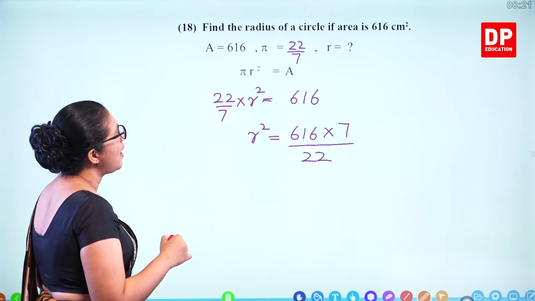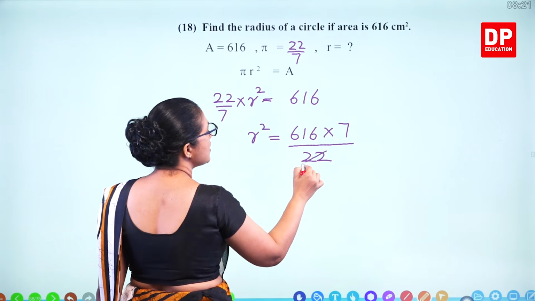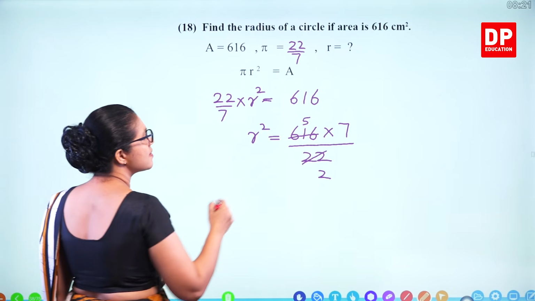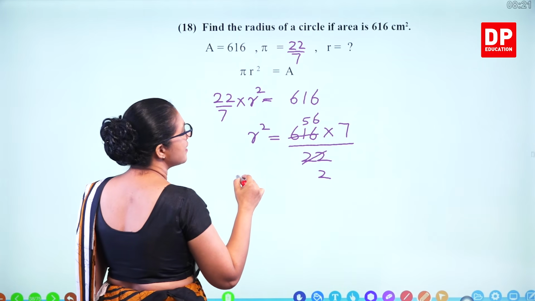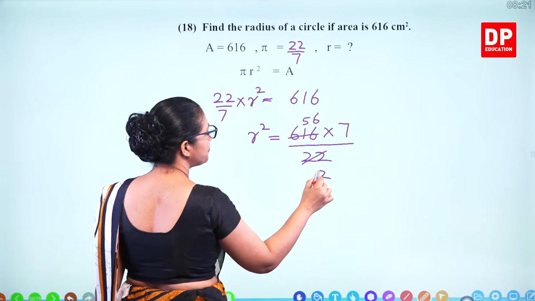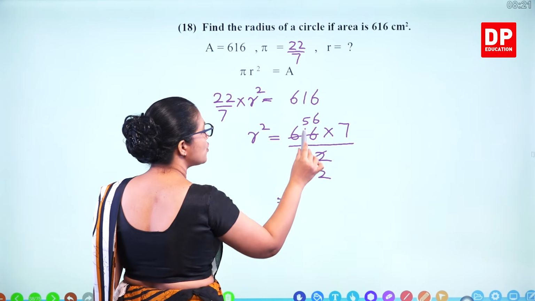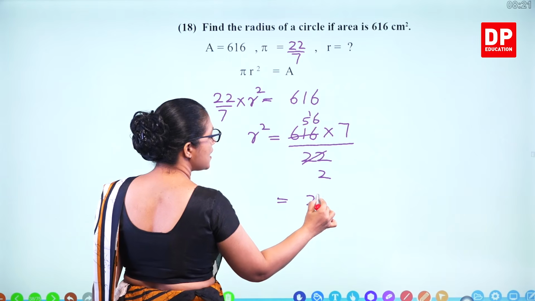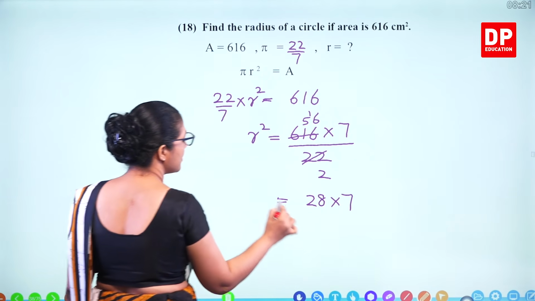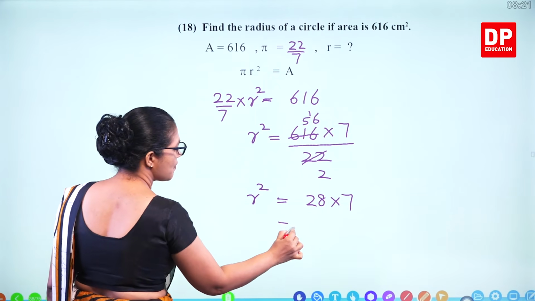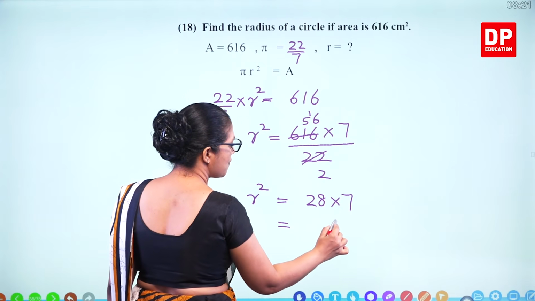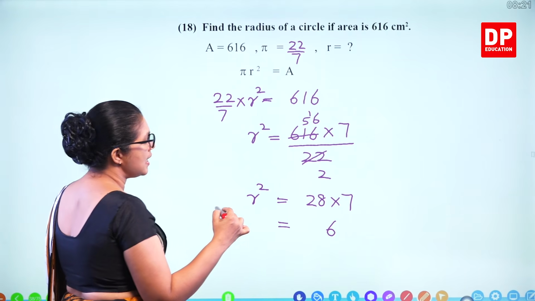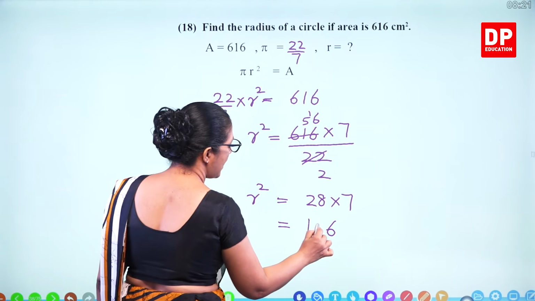So you can divide by 11. 11 times 2, 11 times 5, 55, and you get 66, that's 6. And again you can divide by 2. 56 divided by 2, 28 times 7 is r squared. So what's the value? 7 times 8, 56, 5 remaining, 7 times 2, 14 plus 5, 19.